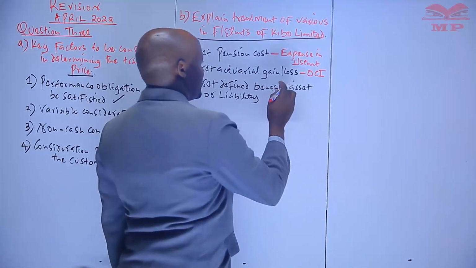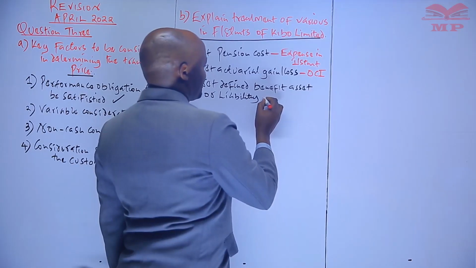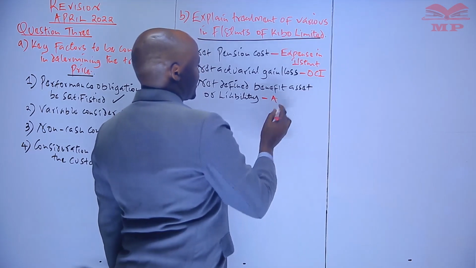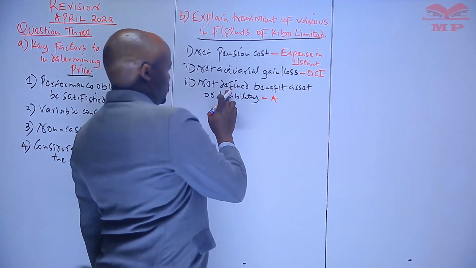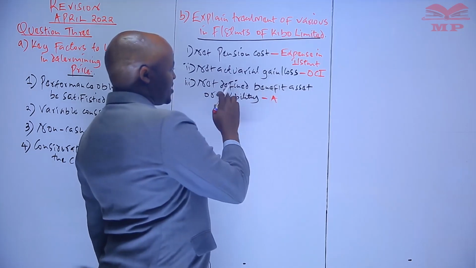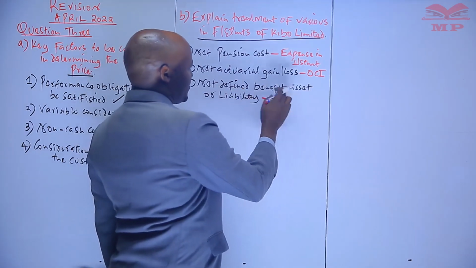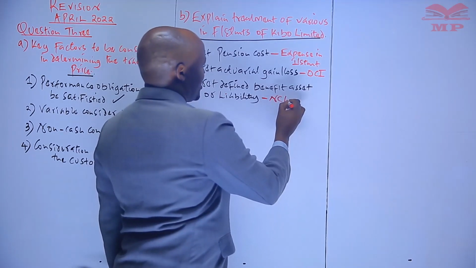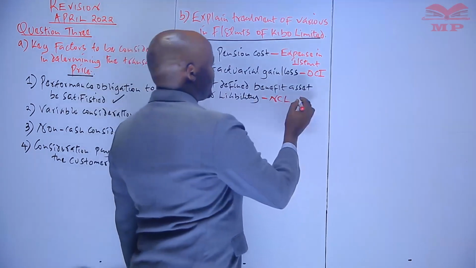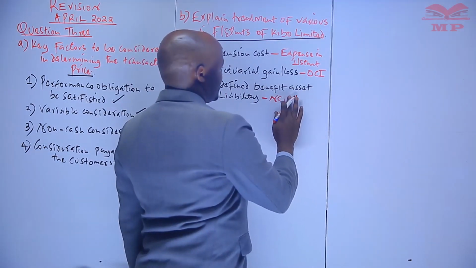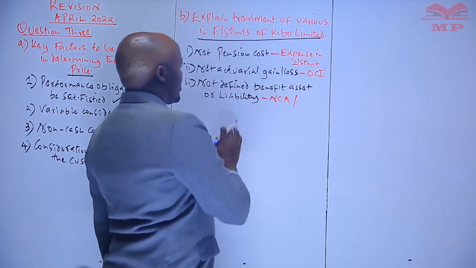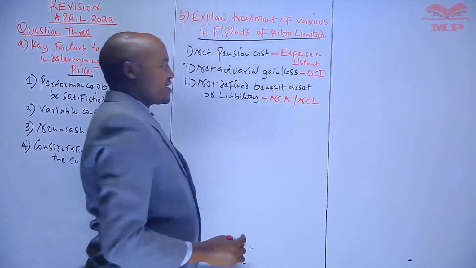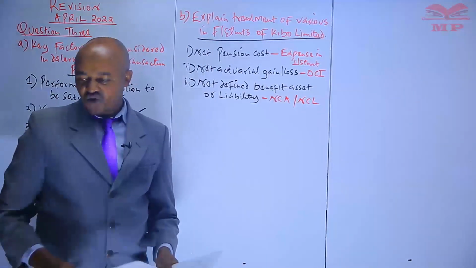And then this net defined benefit asset or liability should be accounted for in the statement of financial position. If the company has a net defined benefit asset, it is accounted for as a non-current asset, whereas a net defined benefit liability is accounted for as a non-current liability.